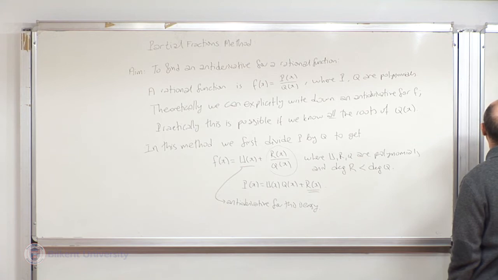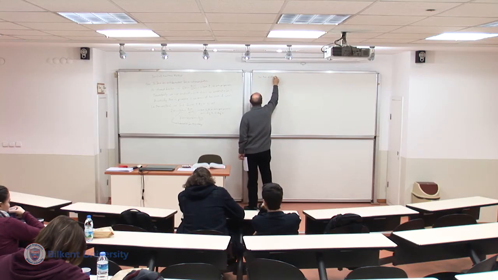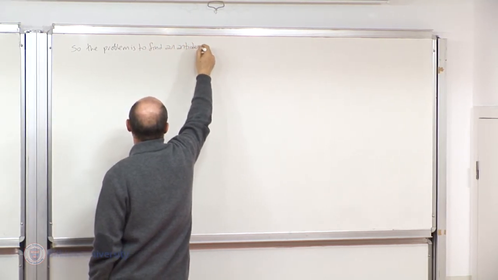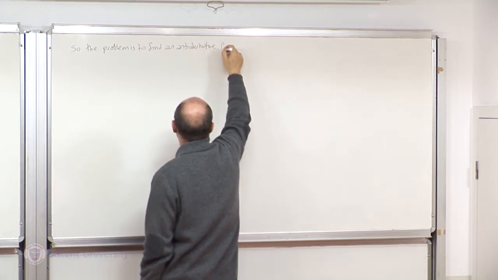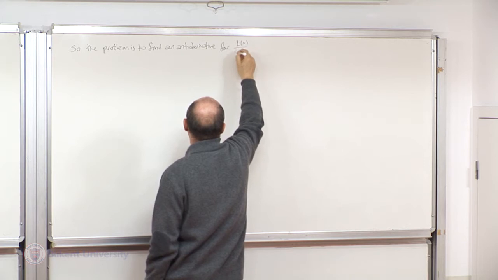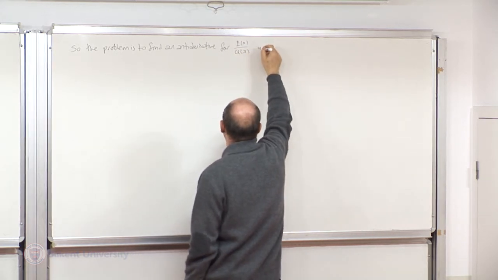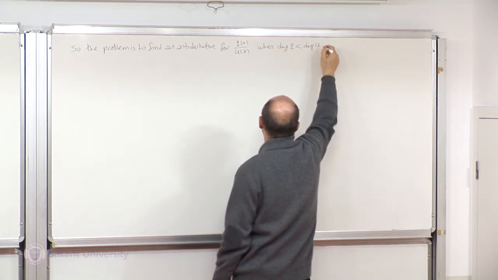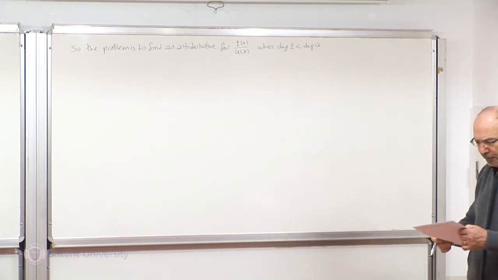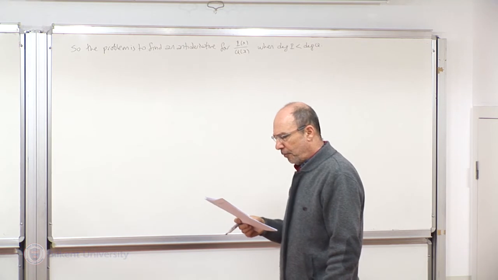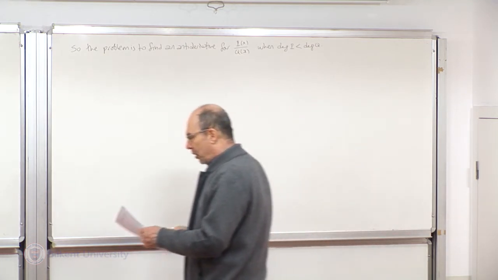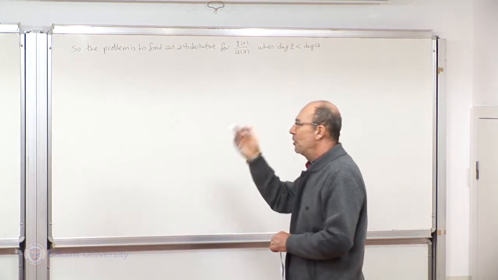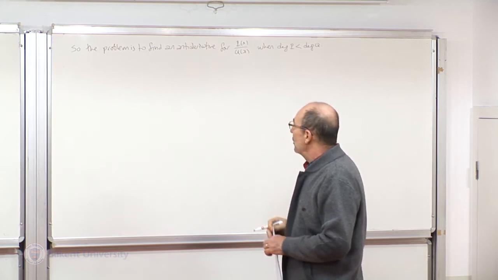So the problem is to find an antiderivative for p of x over q of x when the degree of p is strictly less than the degree of q. Okay, so this is the setup.